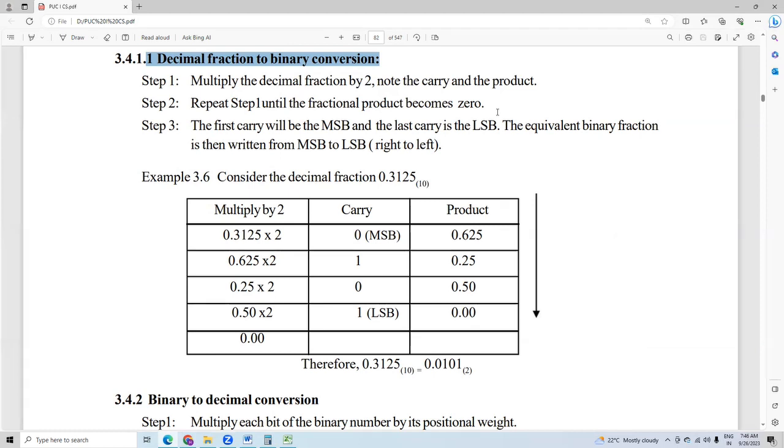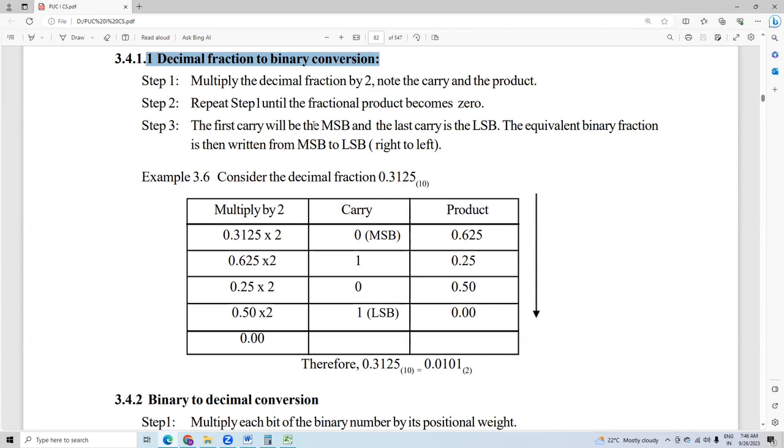This is only about the fractional part now. The first carry will be the MSB and the last carry is the LSB.